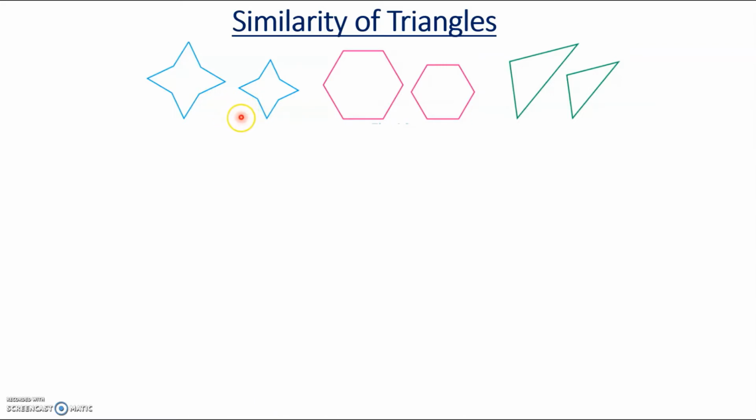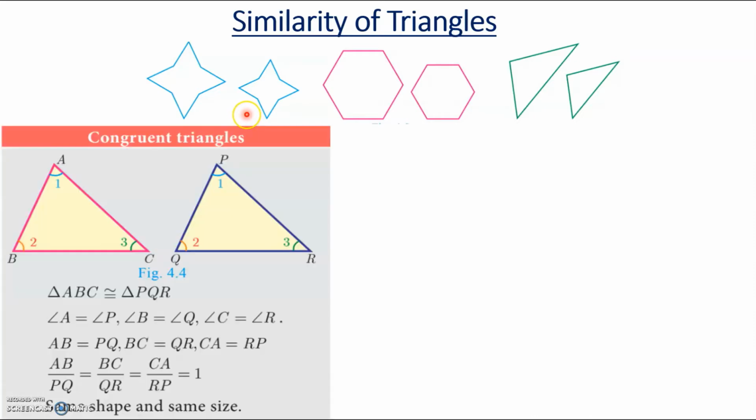So how can we identify similarity in triangles? You can call two triangles congruent, which means they're exactly equal, if the three angles inside are the same in both triangles. You have this pink triangle ABC and this blue triangle PQR, and the angles inside are exactly the same.